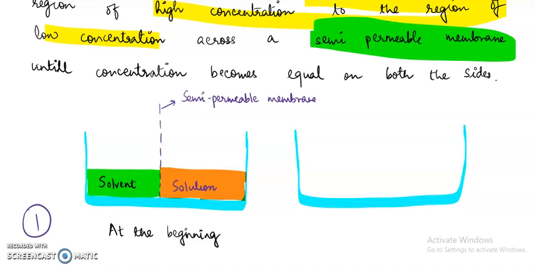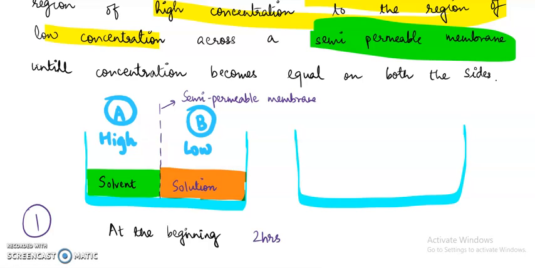Now see the definition of osmosis, that it is the movement of solvent from higher to lower concentration. So where is the concentration of solvent higher? It is here where solvent is more. Suppose we say this region is A, and here the solvent would be low. This is B. Now say we leave this apparatus for 2 hours.